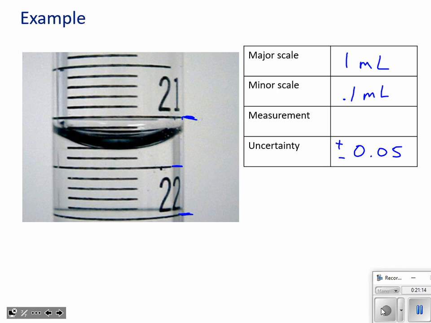So 21. That's 21.1. Do I see 21.2? It's in here somewhere. Here's 21.3, right? So it's a teeny bit more than 21.3, isn't it?